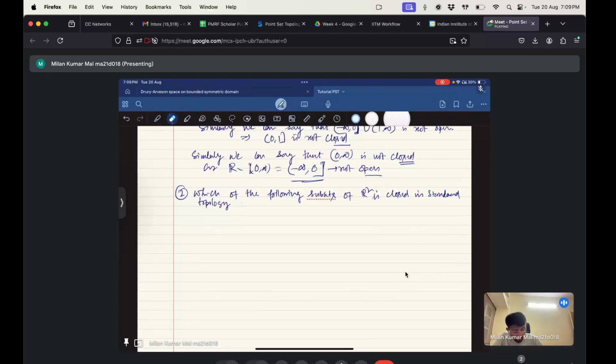Standard topology of R squared, basically. What are the options? Option A: H is equal to all points (a, b) belonging to R squared such that b is greater than or equal to 0. Option B: H plus, which is equal to all points (a, b) belonging to R squared such that b is strictly greater than 0.